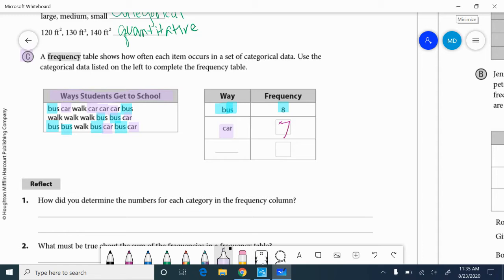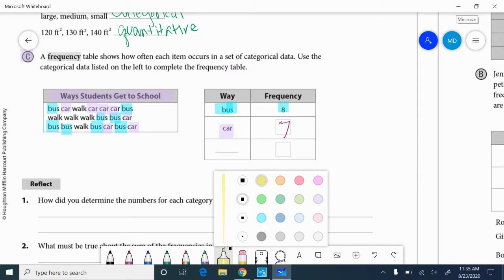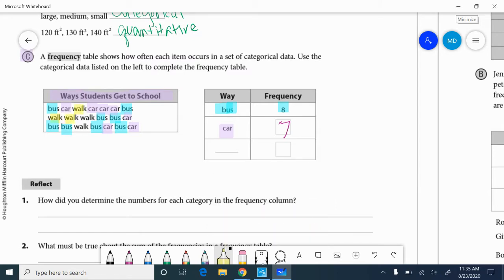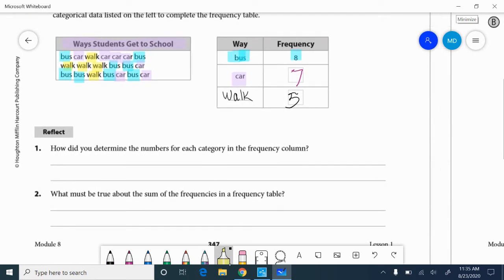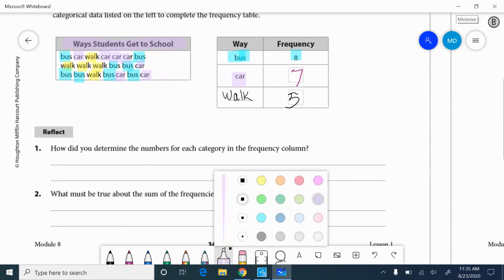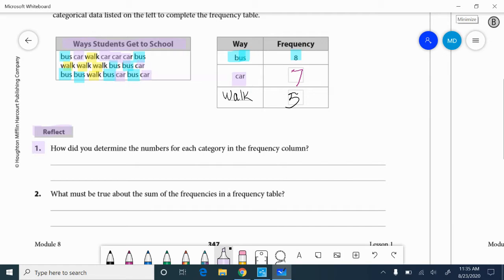And then our last category is to walk. And that has 1, 2, 3, 4, 5. 5 kids are walking. So we're going to add the word walk. And then we're going to put the number 5. Okay. So we're going to reflect on this now. Again, number 1, how did you determine the numbers for each category in the frequency column?